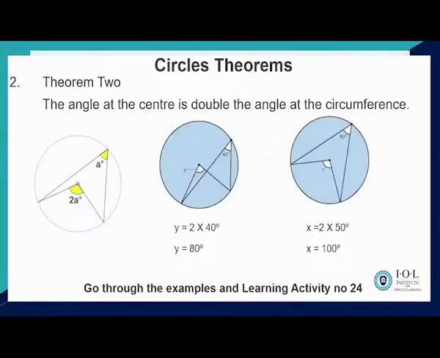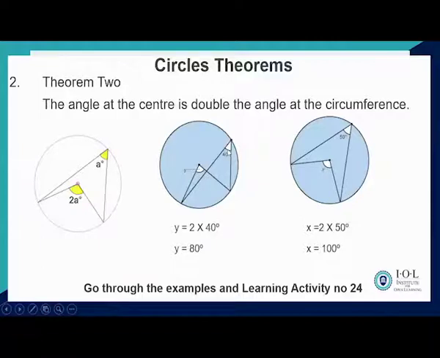A theorem that you need to know, and that's most of the time asked: angle at the center, there we have it, the 2a, angle at the center. Angle at the circumference, that point goes to the circumference, but it's on the same base, the same two points on the circle circumference. The one at the circumference is half of the one at the center. So if I ask you a question like this, 40 degrees is given.